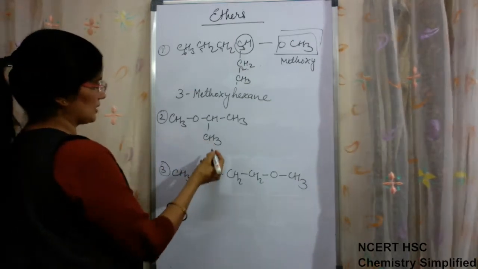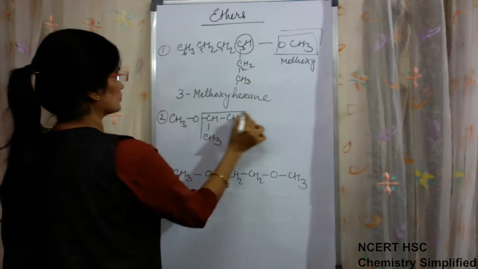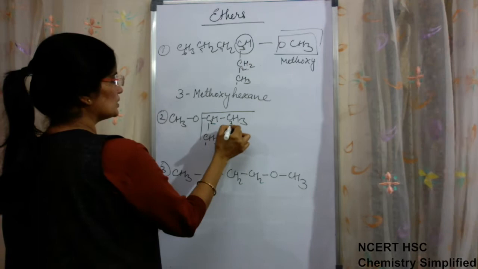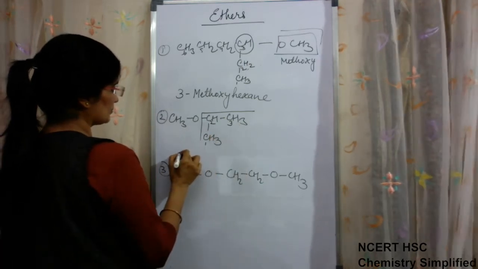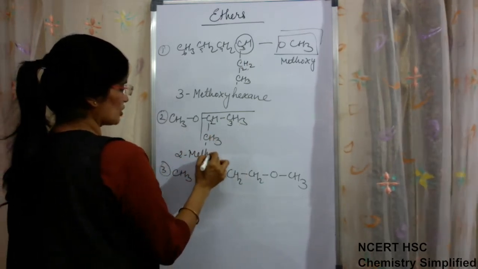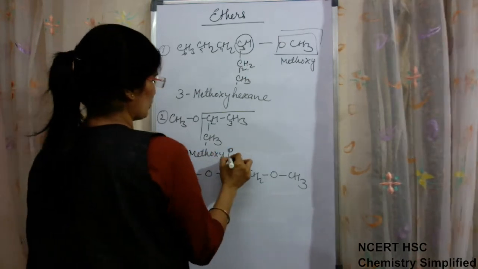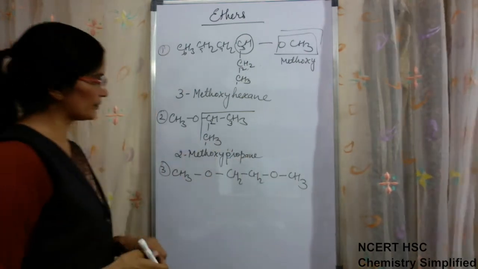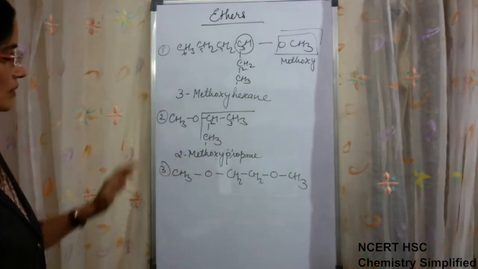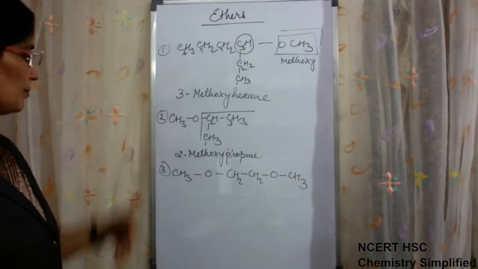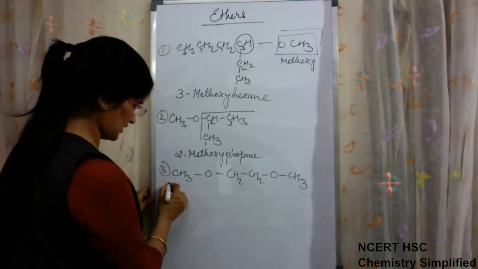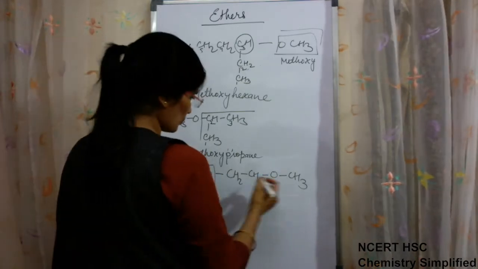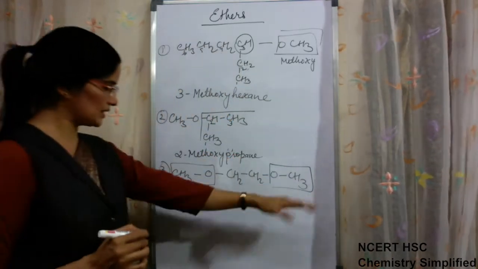Similarly, in this, again it is methoxy. 1, 2, 3. So it is 2-methoxypropane. Okay. In this manner we will do the naming of compounds having an ether group. In this case, we see one CH3O group is on this side, and one CH3O group is on this side.